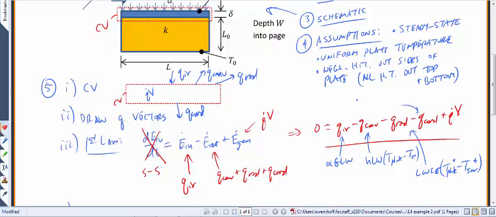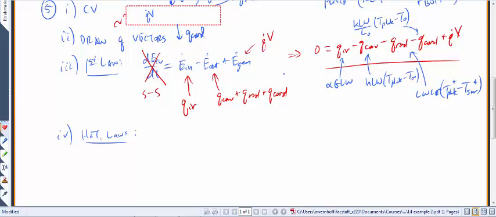And Q conduction will be K times the area that the conduction is acting through, which will be L times W, divided by the length it's traveling, which is L0, times the change in temperature, which is going to be T plate minus T0, based on the fact that conduction is leaving the control volume.